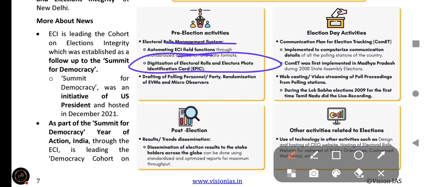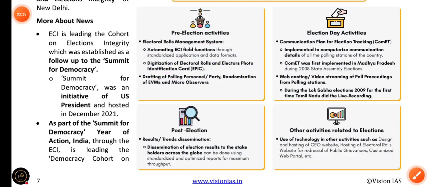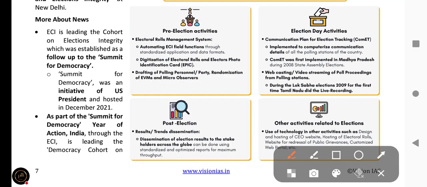Drafting of polling personnel, that is the gathering of polling personnel around the constituency and party personnel. Randomization of electronic voting machines and micro observers.